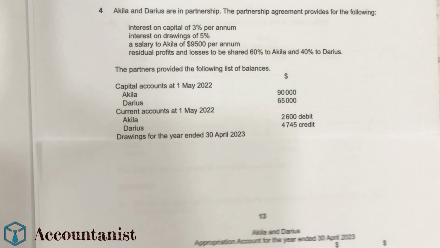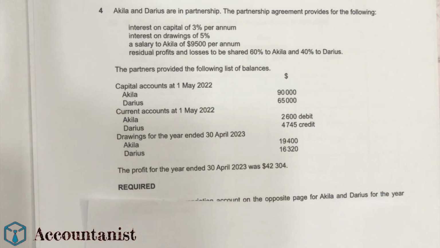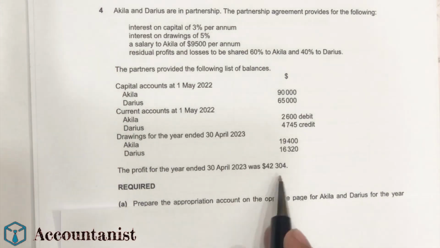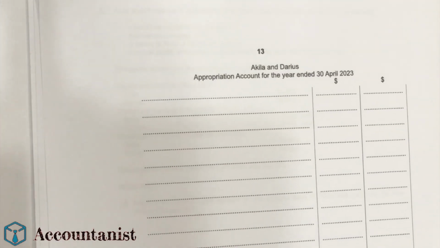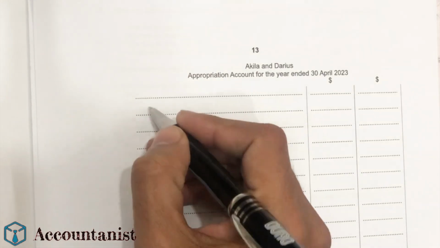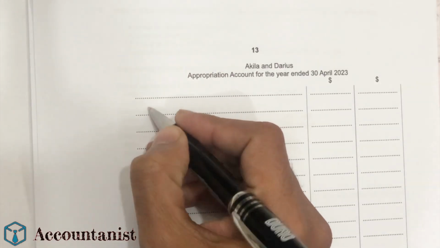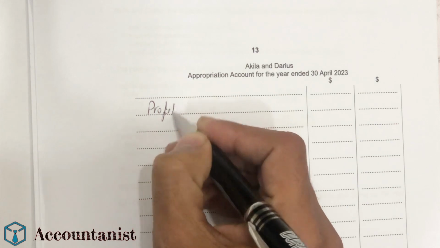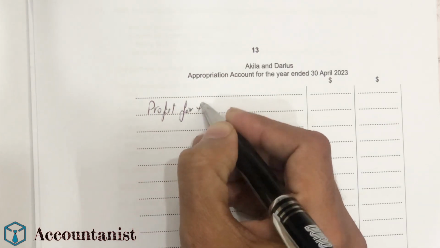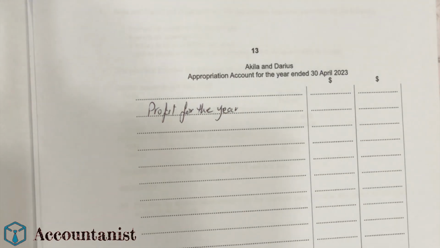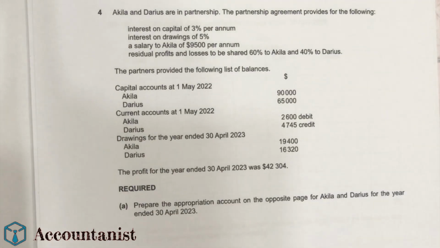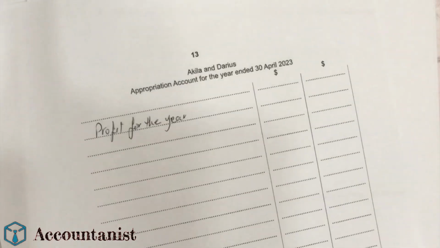So we will start making this appropriation account from this figure, the profit for the year. Here I'm going to write down the profit for the year, a total of 42,304.